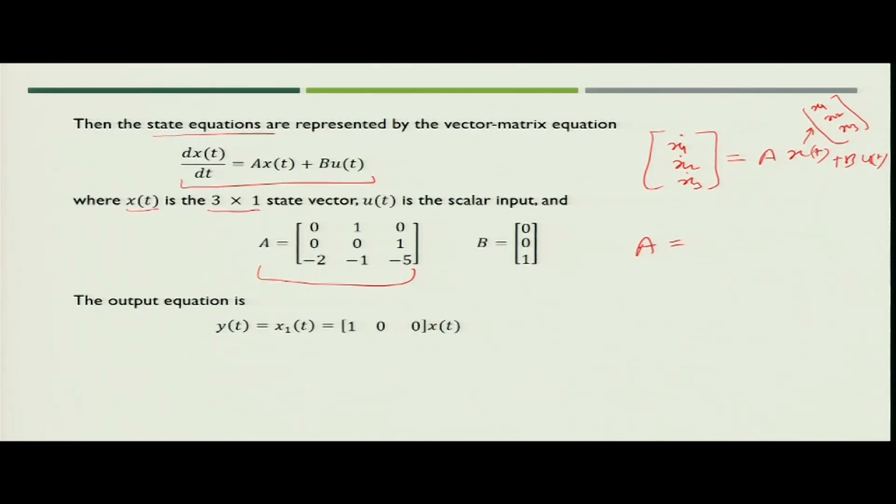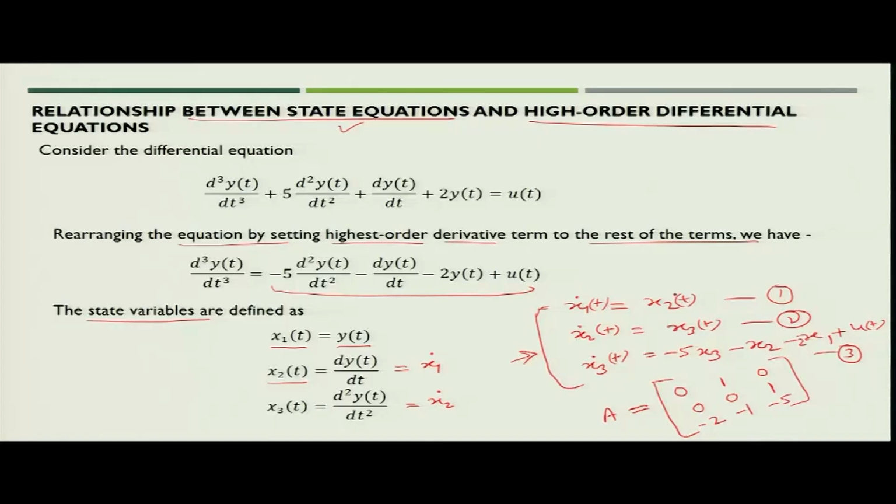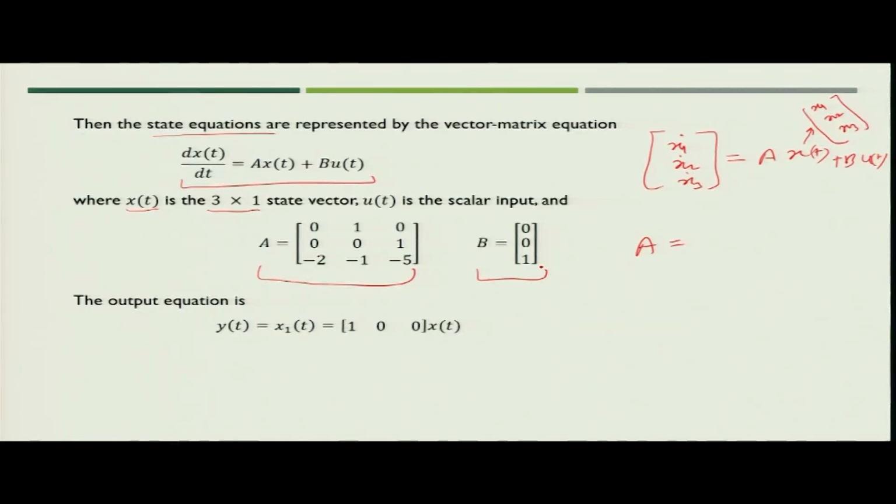Now, what is the value of B corresponding to u(t)? In these three equations, u is not present in the first and second equations; it is present only in the third equation. So, B becomes 0, 0 and 1.